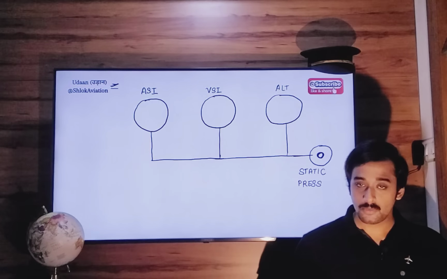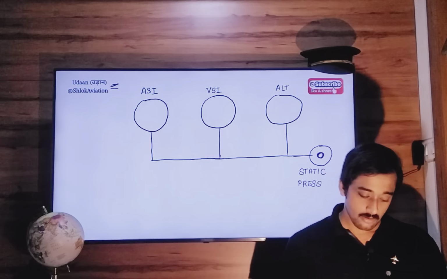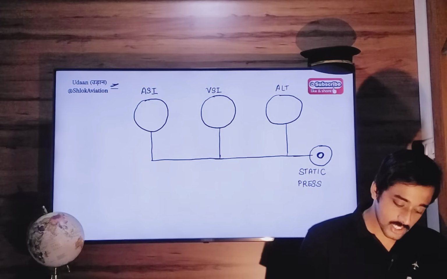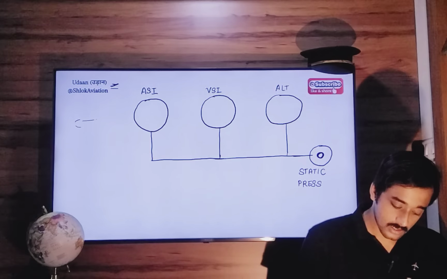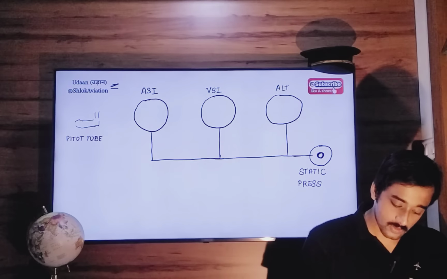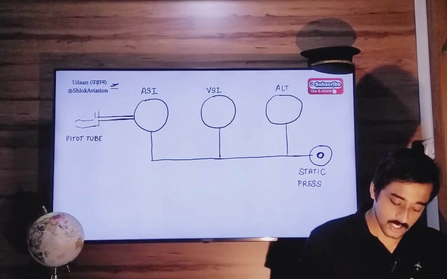Now there is only one pressure instrument, which is your ASI instrument or airspeed indicator, which depends on pitot pressure originating from a pitot tube. Okay, so only the ASI instrument depends on pitot pressure.